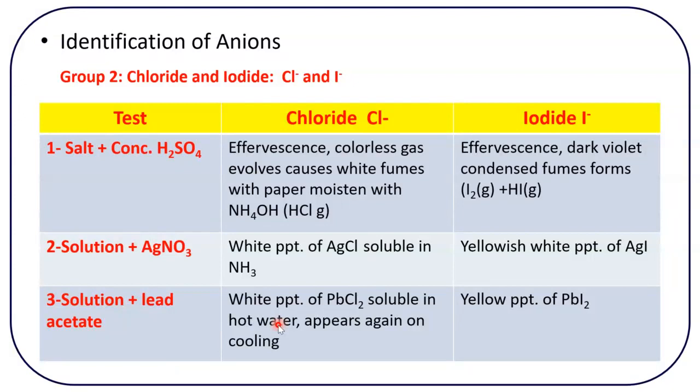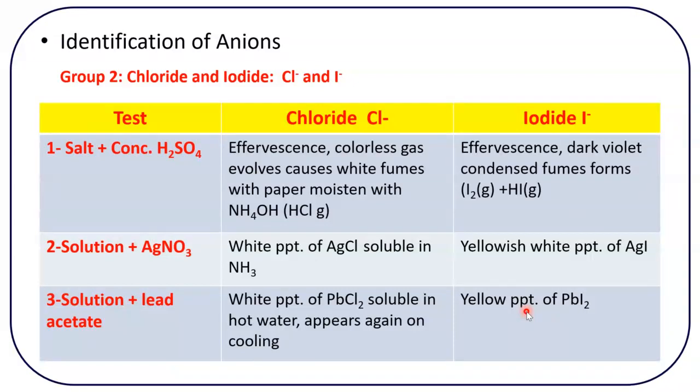If you put this test tube with the precipitate in a hot water bath, you will see the precipitate disappear. It becomes soluble. Once you let it cool again, you will see the precipitate reappear. Good. In case of iodide, solution plus lead acetate, you will see a yellow precipitate of lead iodide. This is the second group.